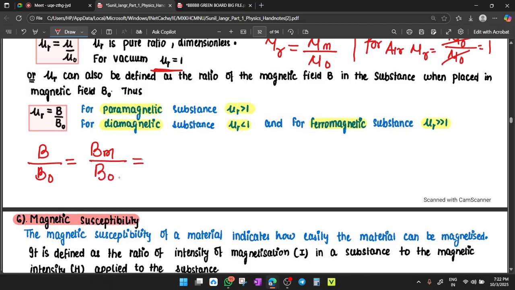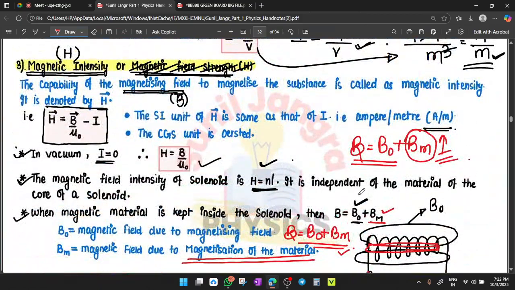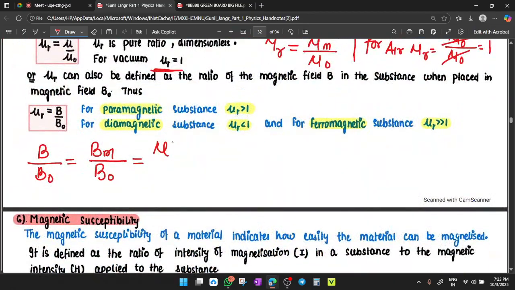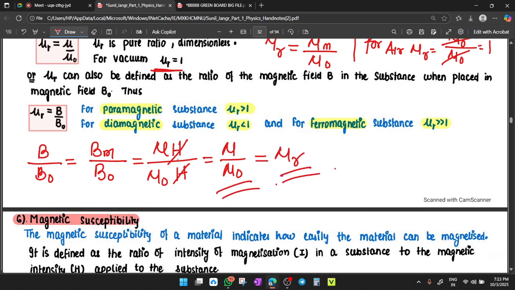When the medium is present, the permeability of the medium is mu and the magnetizing force is H, so B equals mu H. Here we have studied this: B equals mu H and B naught equals mu naught into H. H and H will cancel out and it will give mu by mu naught. So mu by mu naught equals mu r. So mu r can also be defined as the ratio of the magnetic field B in the substance when placed in magnetic field B naught.